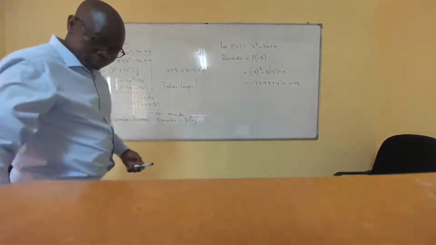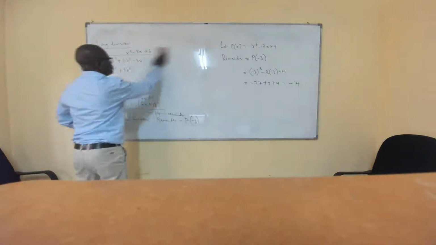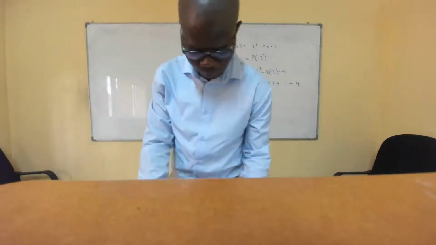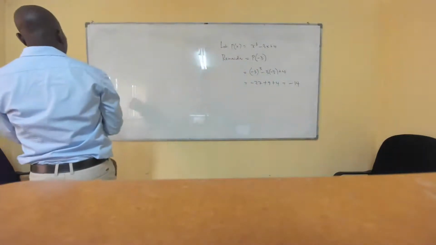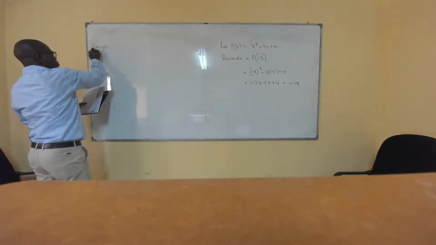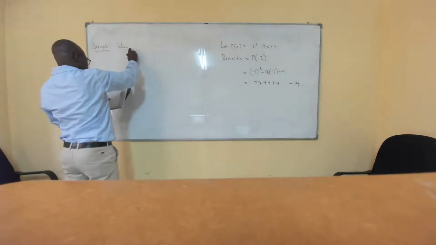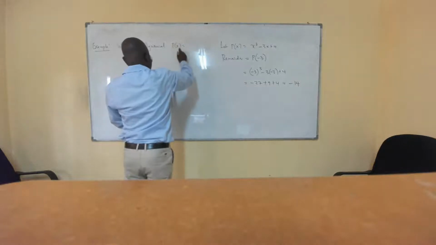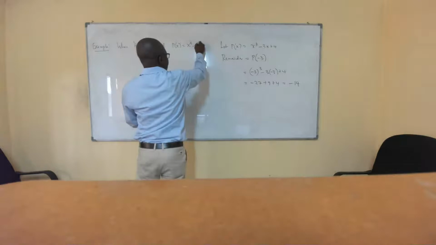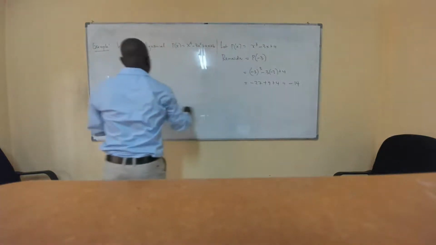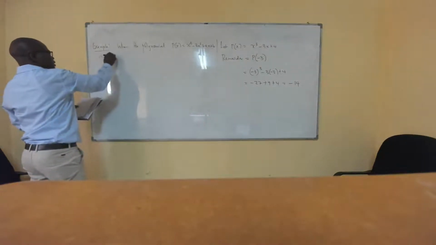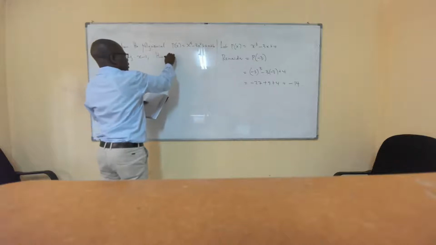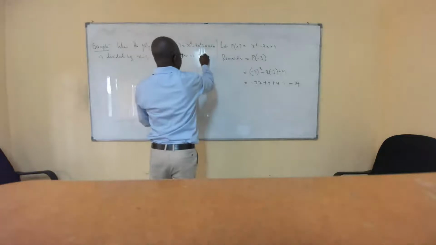Another example. The example says when the polynomial P of x equals x to the power 3 minus 3x squared plus ax plus b is divided by x minus 1, we are told the remainder is negative 4.